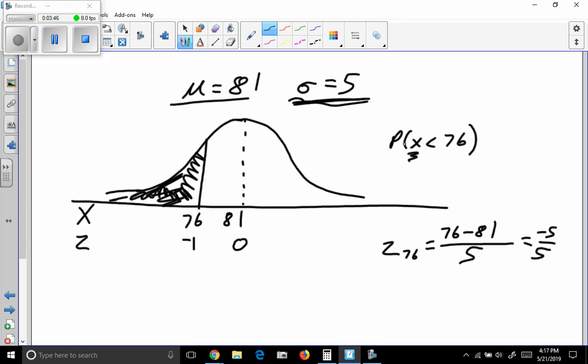So by asking what is the probability that x is less than 76, that's equivalent to saying what is the probability that z is less than negative 1. Those are comparable statements. So if we can find the area to the left of z equals negative 1, we can find the area to the left of x equals 76, which is that probability of being in that region.